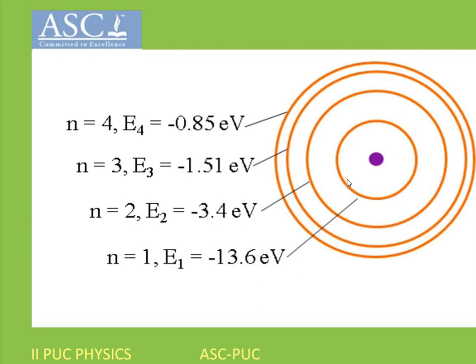What is the difference between the two energies? The energy difference is minus 3.4 minus of minus 13.6, which is equal to 10.2 electron volt, which must be given out by the electron according to the law of conservation of energy. This energy is emitted in the form of a photon. This is nothing but Bohr's third postulate.